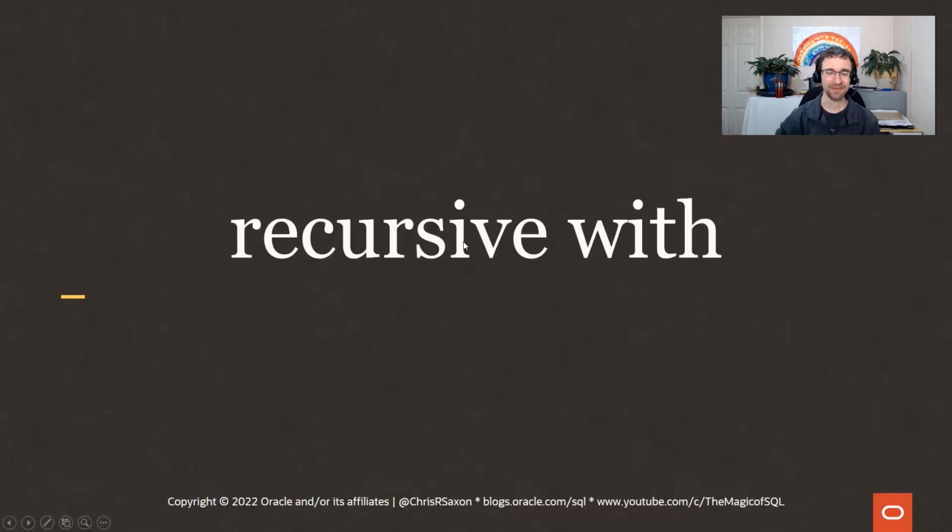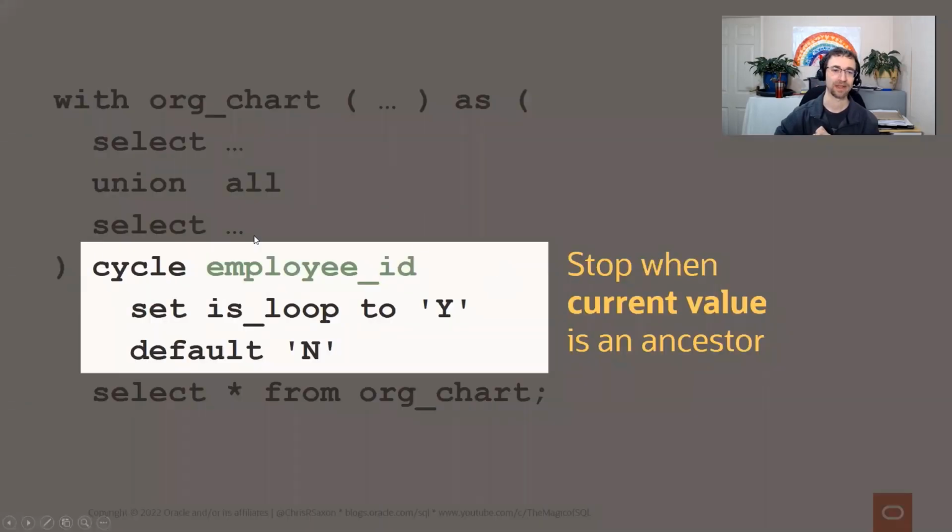Recursive with, again, is a bit more funky, with a bit more options going on here. We've got an entire clause dedicated to it, and that is the cycle clause. The cycle clause has to be one of the columns from the with, one of the ones we've defined, and it stops by just looking at this value. Connect by looks at the whole row, essentially.